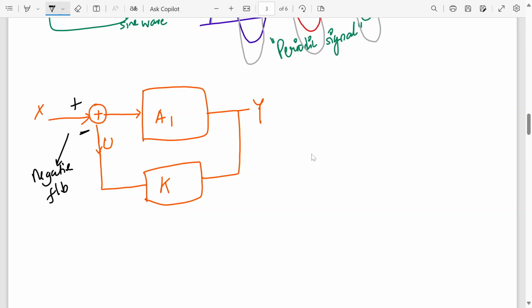Negative feedback always reduces the overall gain. So what will happen due to negative feedback? What consequence will happen? Tell me. Number one, X and U are not in phase, correct?